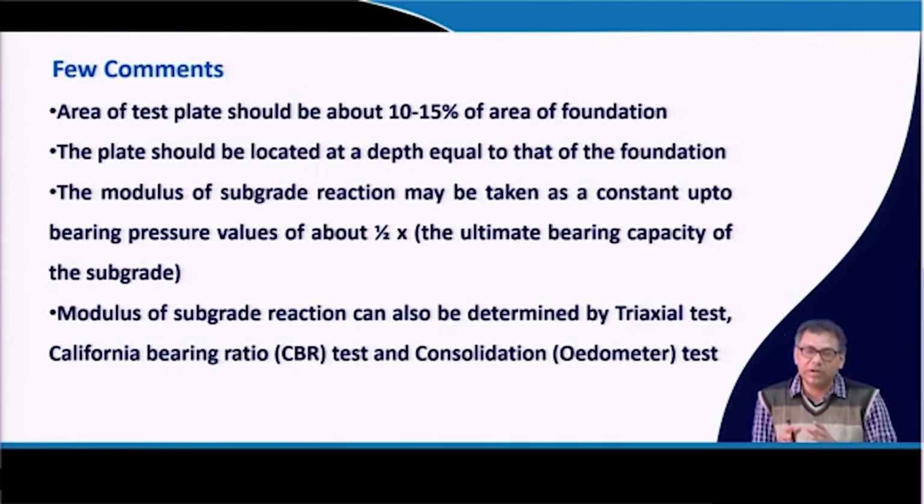So, you can do the CBR test and then use those correlations to get the subgrade modulus. But here for foundation engineering, we prefer to conduct the plate load test, and from that plate load test we try to determine the subgrade modulus.